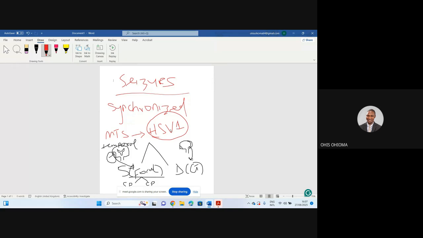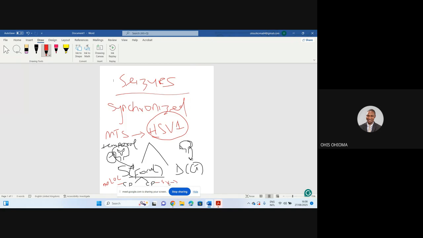We need to understand that seizures can present in various ways. For the focal seizures, especially the simple focal seizures, the patient's consciousness is intact, so there is no loss of consciousness. But for a patient who has complex partial seizure, the patient initially starts with a simple focal seizure, but over time there is what we call secondary generalization.